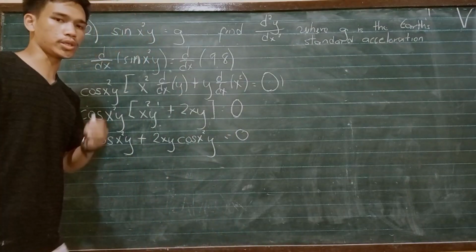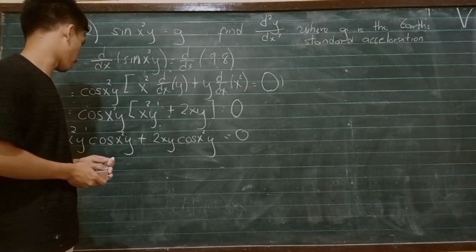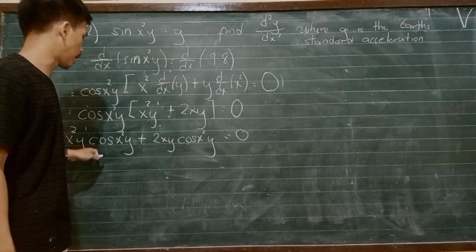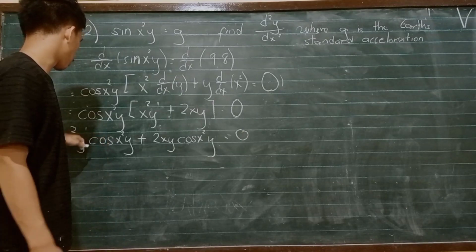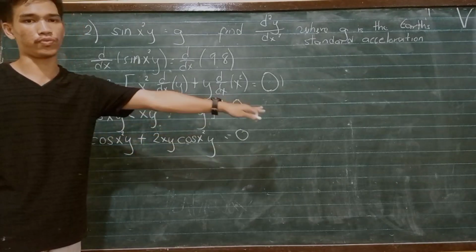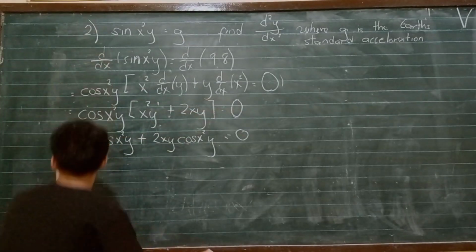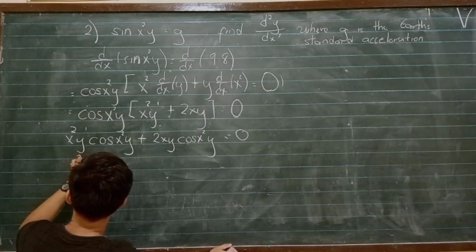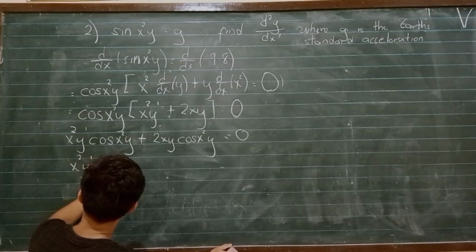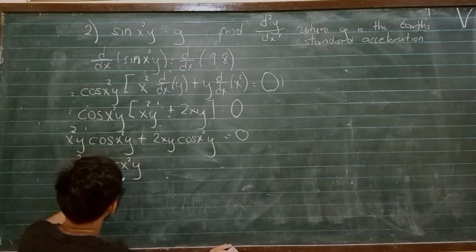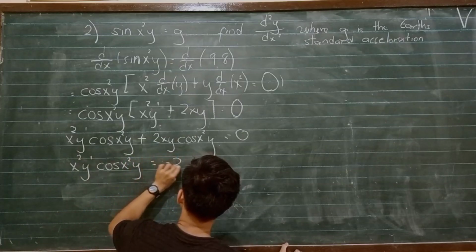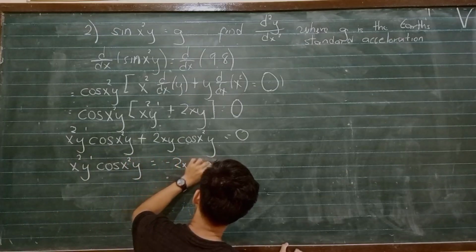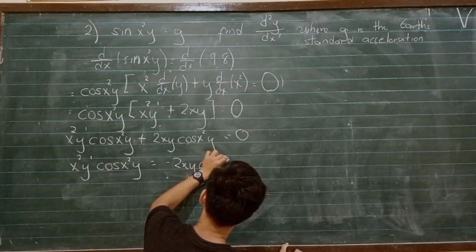So again, as we did in question number 1, we will remain the term that has y prime here, then the other one we will move over there. So resulting to x squared y prime cos x squared y is equal to negative 2xy cos x squared y.